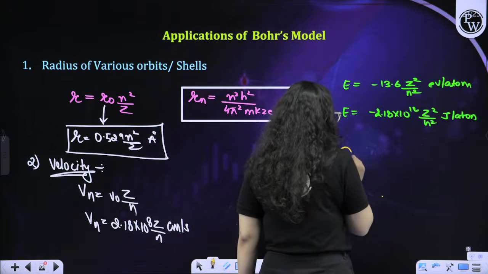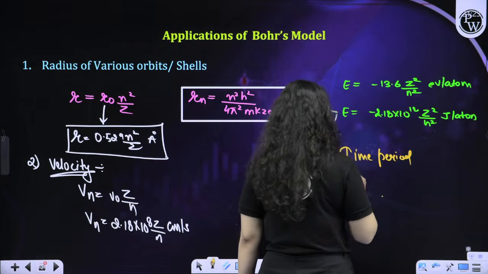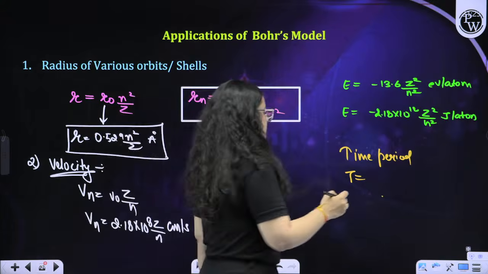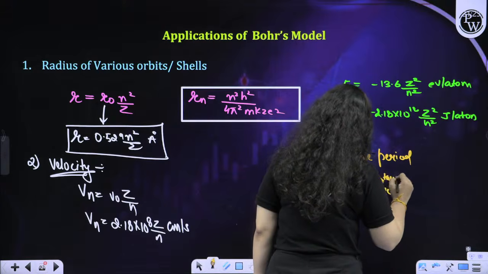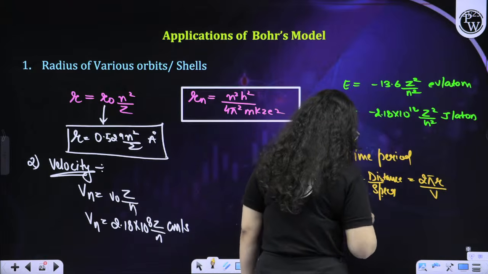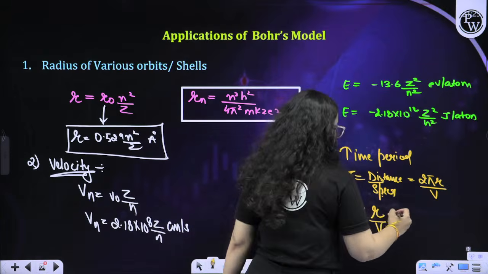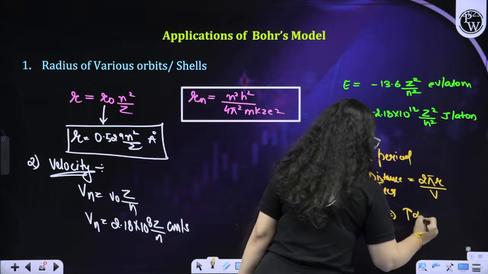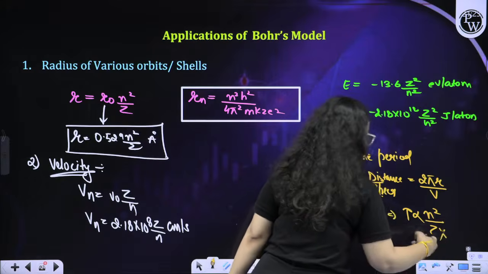They might ask you the time period as well. Speed equals distance upon time, so time is equal to distance upon speed. Distance is 2 pi r and speed is v, so time period is proportional to r by v. Radius is proportional to n square by Z, and velocity is proportional to Z by n.